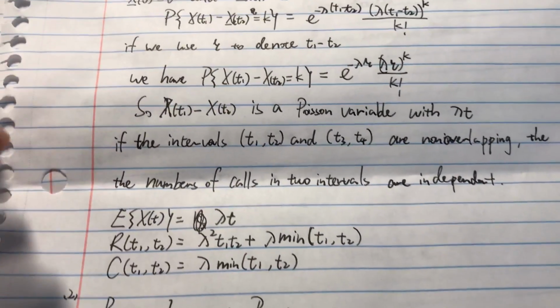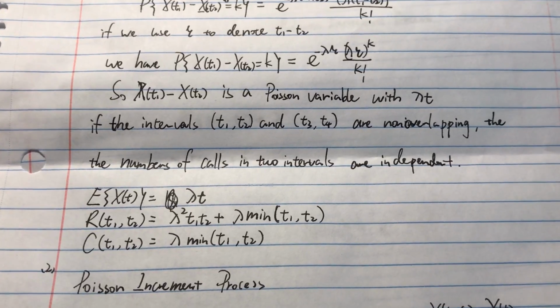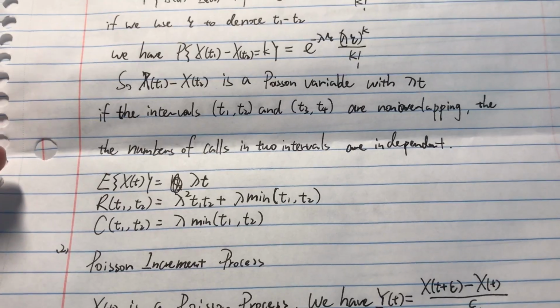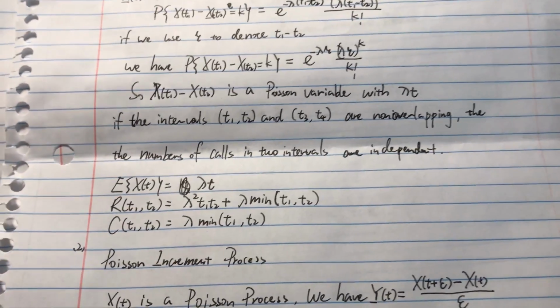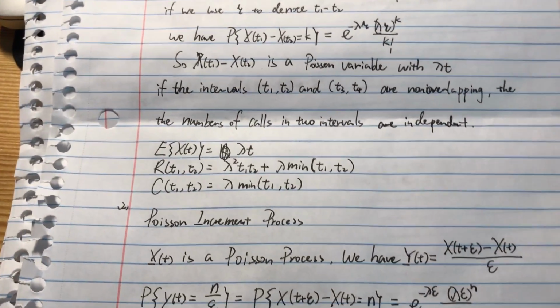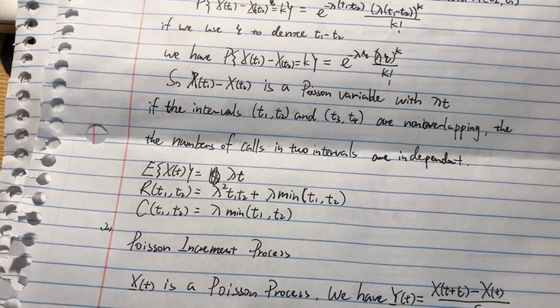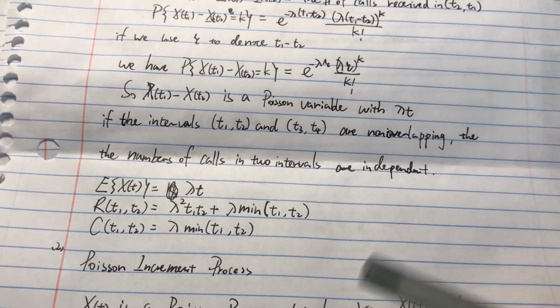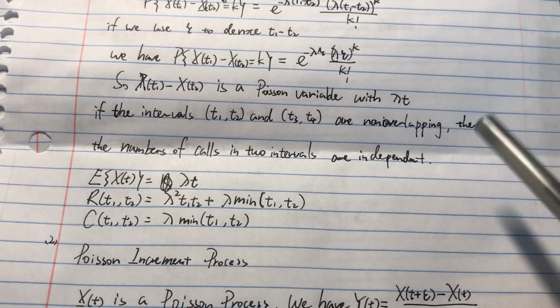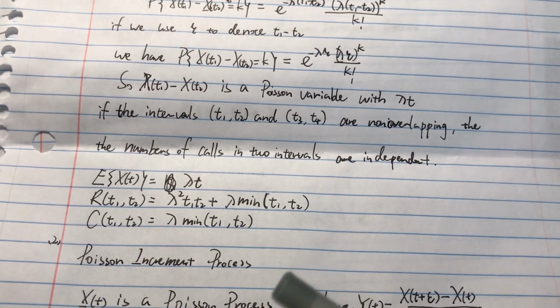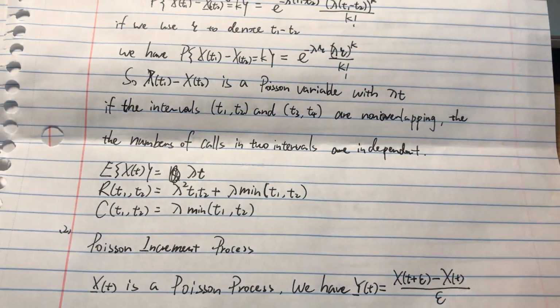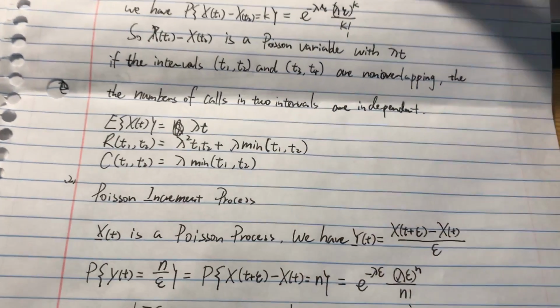There's another feature, which is actually one of the assumptions we made: if the interval from t1 to t2 and the interval from t3 to t4 are not overlapping, then we assume the numbers of calls in the two intervals are independent. In the textbook, this assumption is proved.